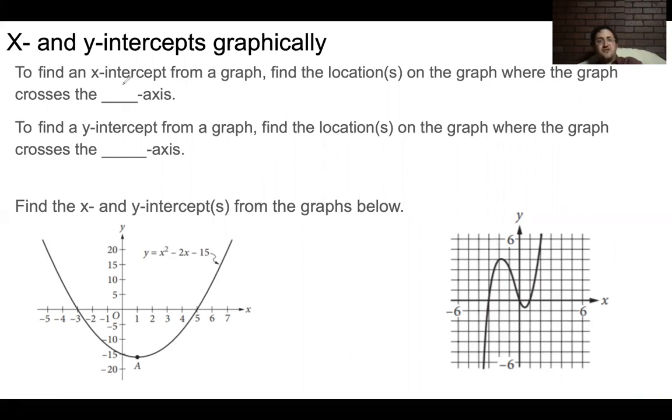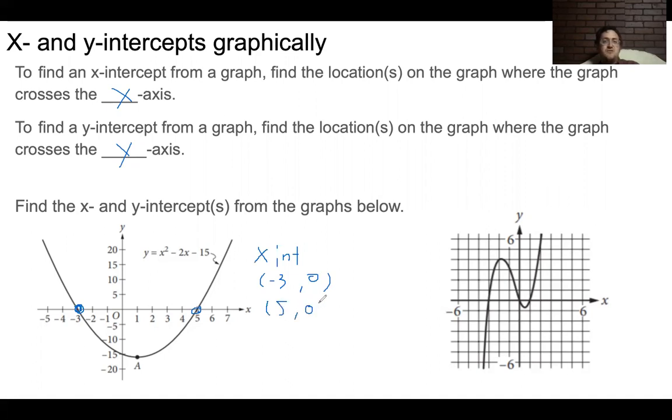The first type of questions are just the graphical ones. The x-intercept of a graph is where it crosses the x-axis, and the y-intercept is where it crosses the y-axis. So if we want to find the x-intercepts on the graph, they will be at -3 comma 0 and 5 comma 0.